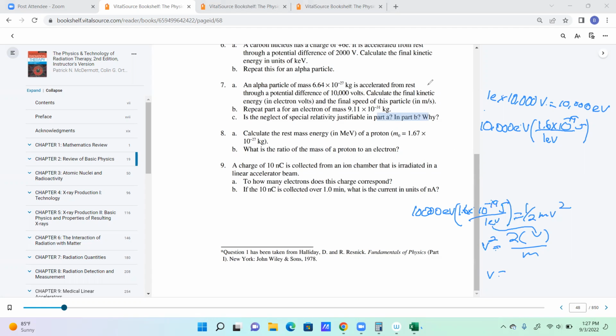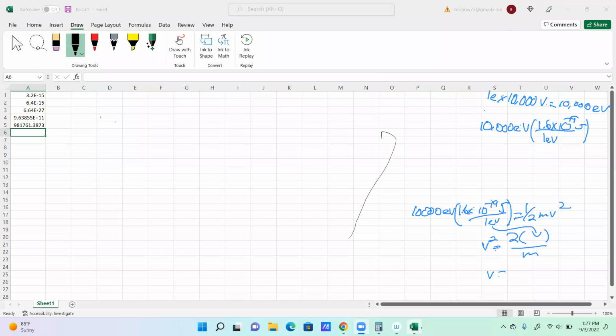So now I'm going to take this over to Excel here. So let's say over here, I had 3.2 times 10 to the 5th. So let's try to figure out 10,000 multiplied by 1.6 times 10 raised to the minus 19th.